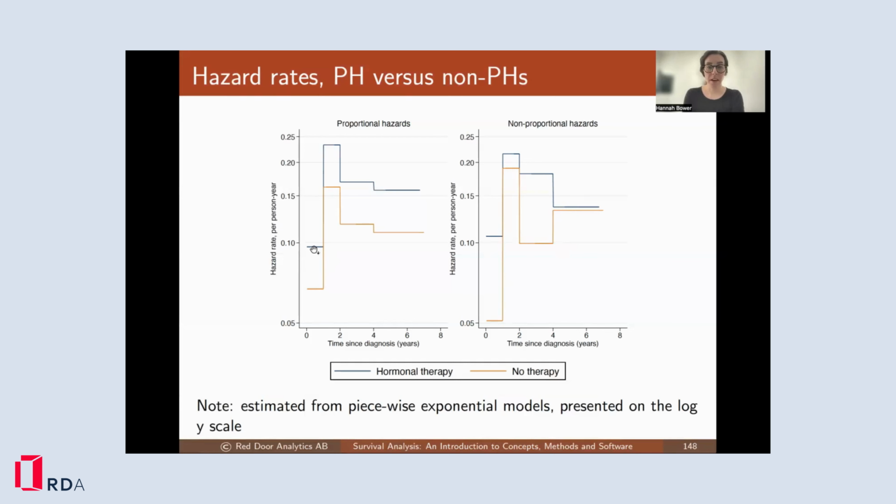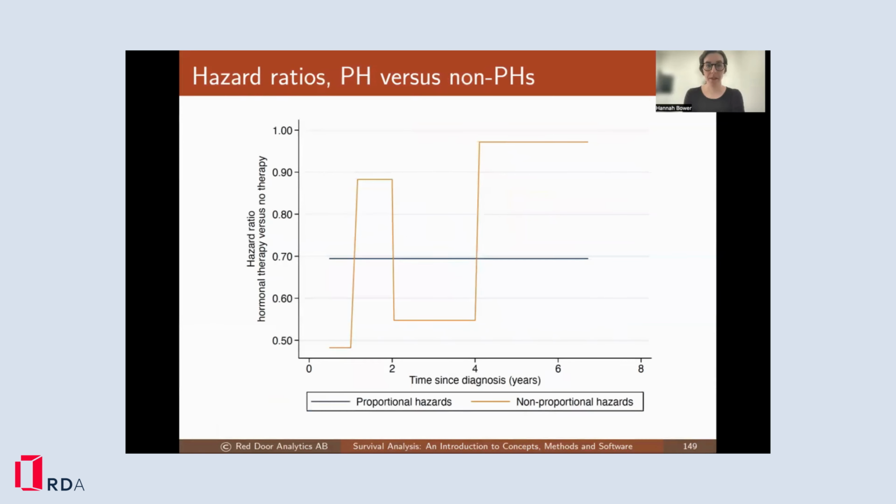And on this time scale, on proportional hazards, we get that the ratios are the same. So the hazard ratio is constant across the time scale. So if we were then to plot the hazard ratio from these two plots, now we have that the blue line represents the proportional hazards estimates in the previous slide, and the orange line represents the non-proportional hazards.